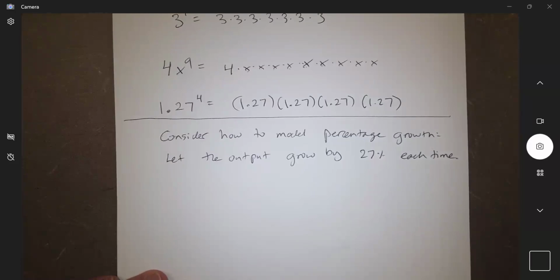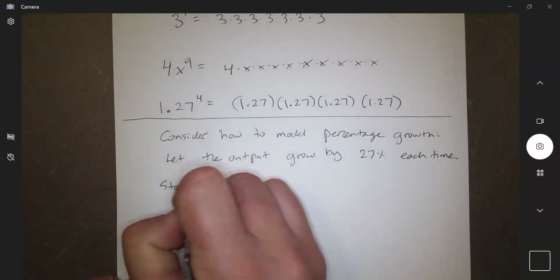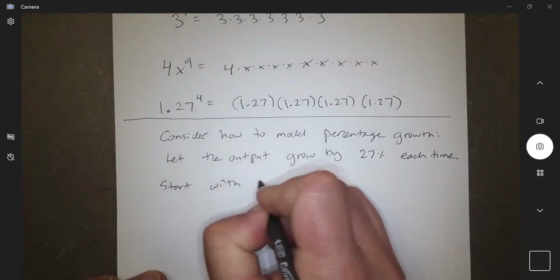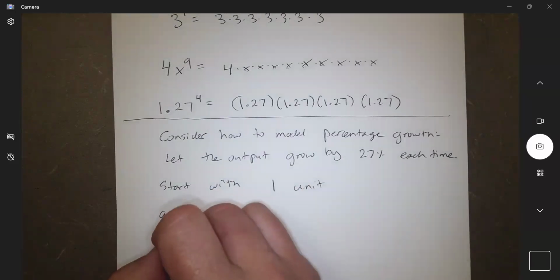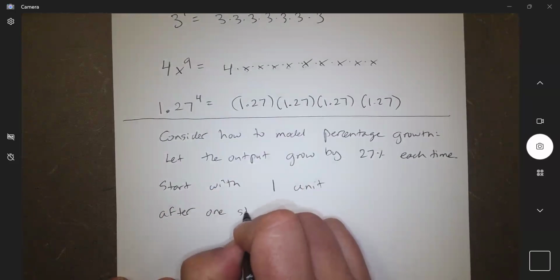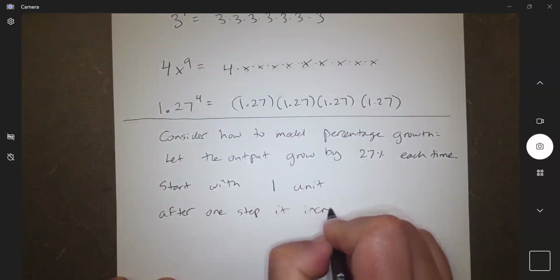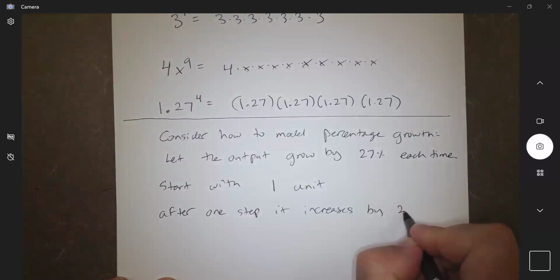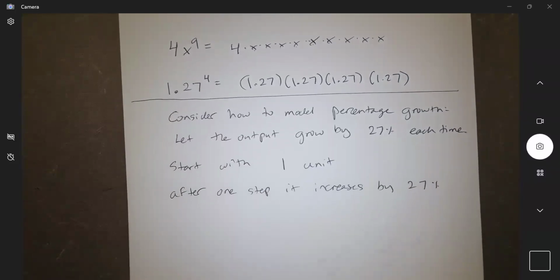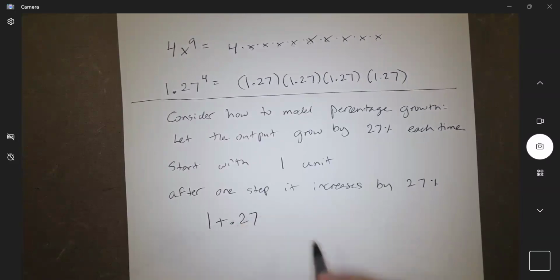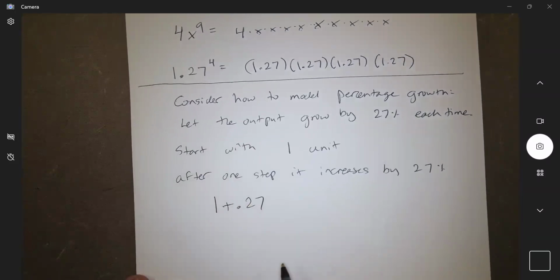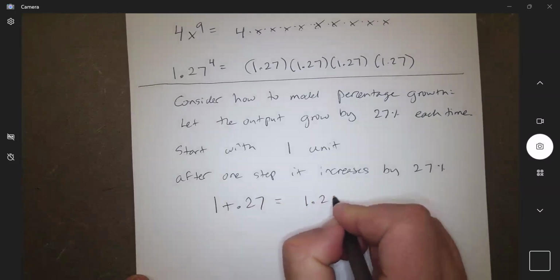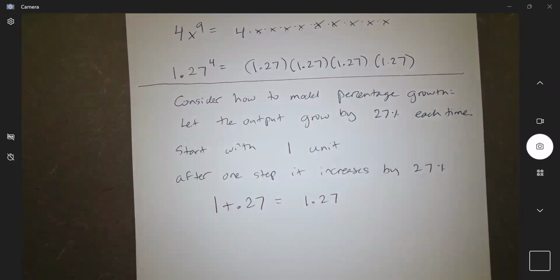So if I started with one unit, after one step, it increases by 27%. So now I have the 1 plus that extra 27%, right? What I started with plus 27% more, which I could combine and just write as 1.27.